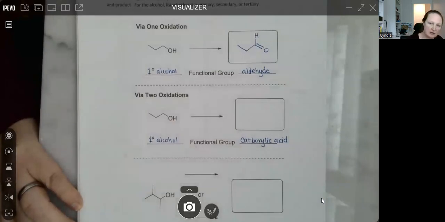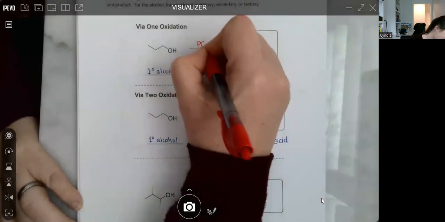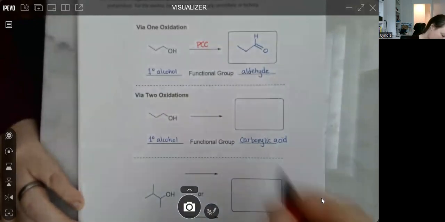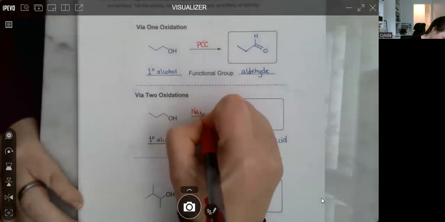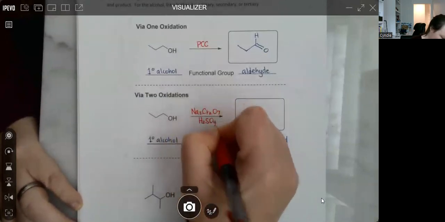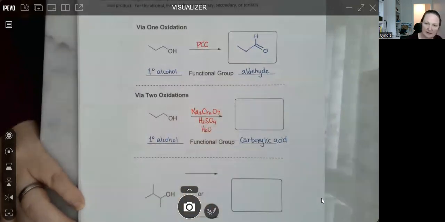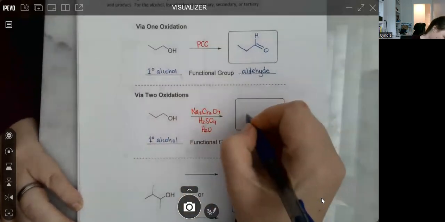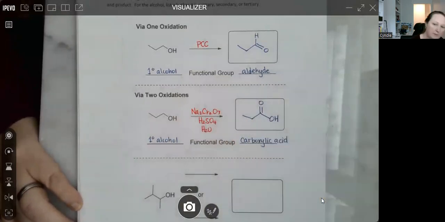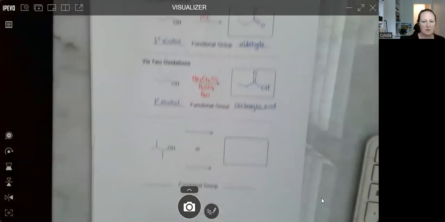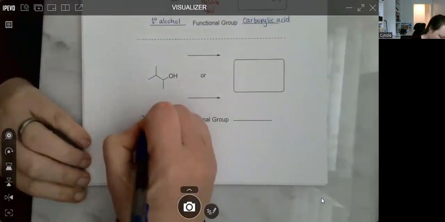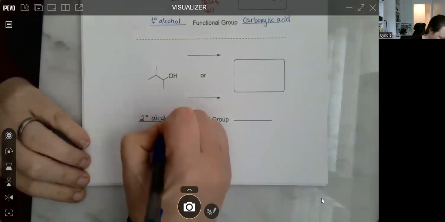The different conditions would be PCC to get the aldehyde and sodium dichromate to get the carboxylic acid, which I forgot to draw. All right, moving down a little bit lower, we're also looking at oxidizing secondary alcohols.